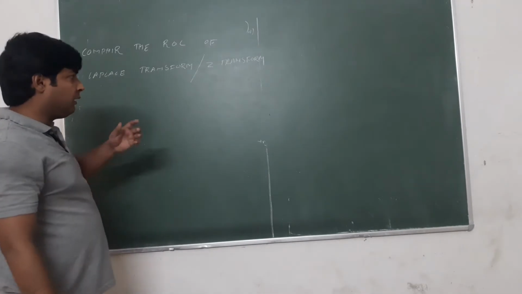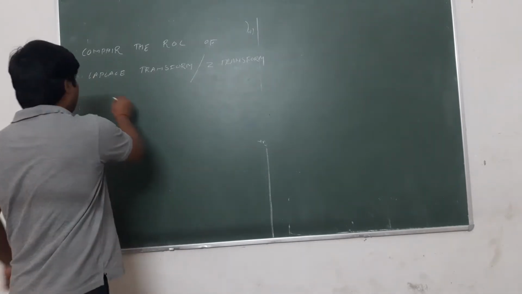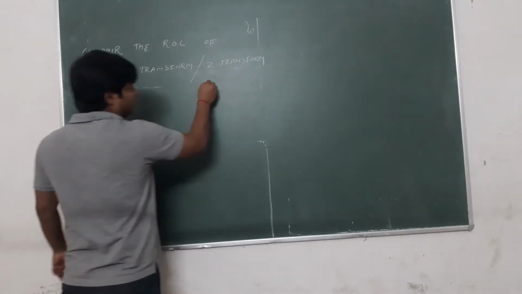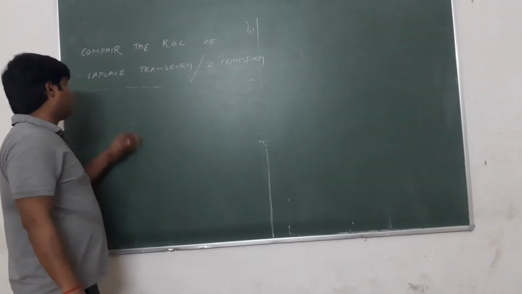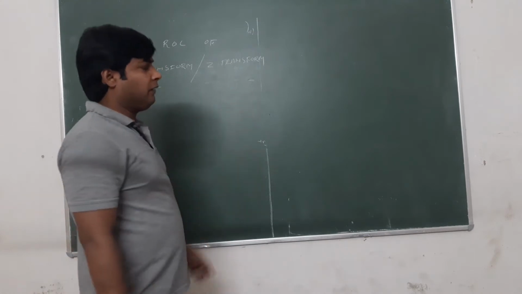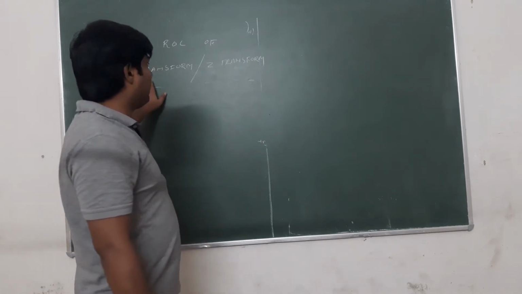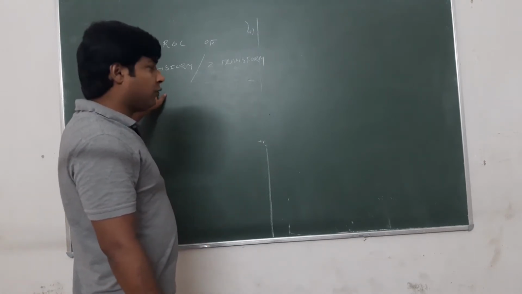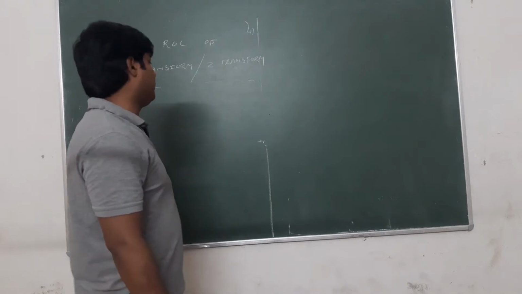First of all, we need to know the different structure of ROC for the Laplace transform and also the Z-transform. Then we need to compare the Laplace domain ROC and the Z domain ROC.